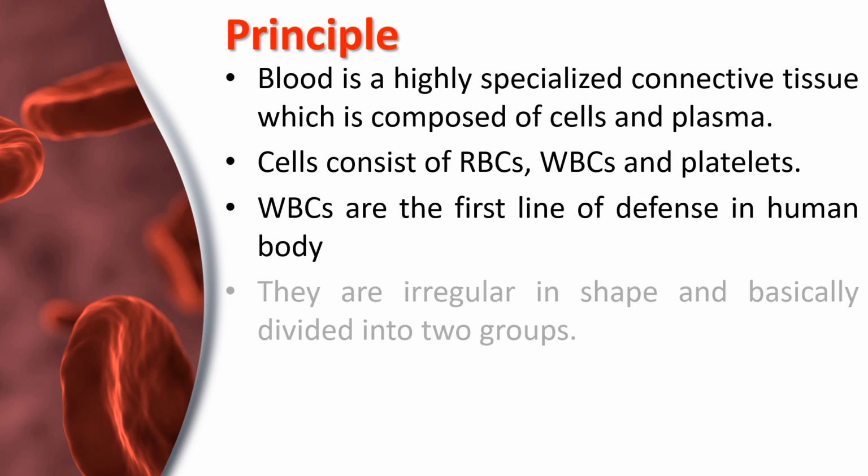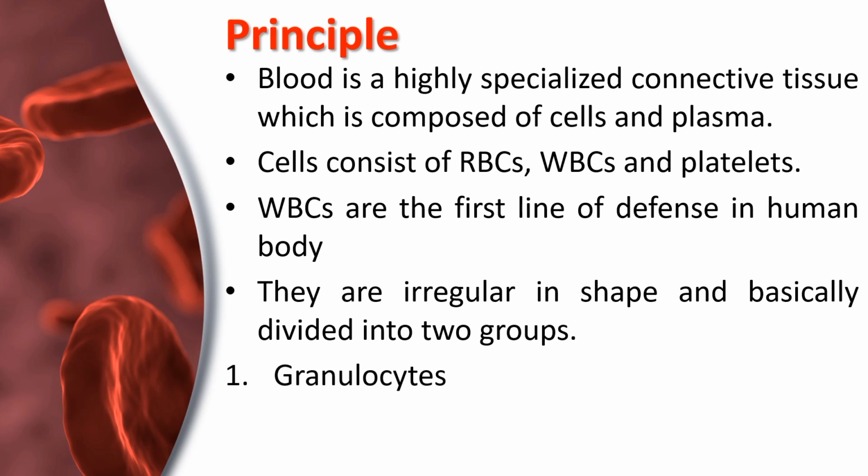They are irregular in shape and basically divided into two groups. First is granulocytes, which contain granules in their cytoplasm, and second group is agranulocytes, which do not contain granules in their cytoplasm.